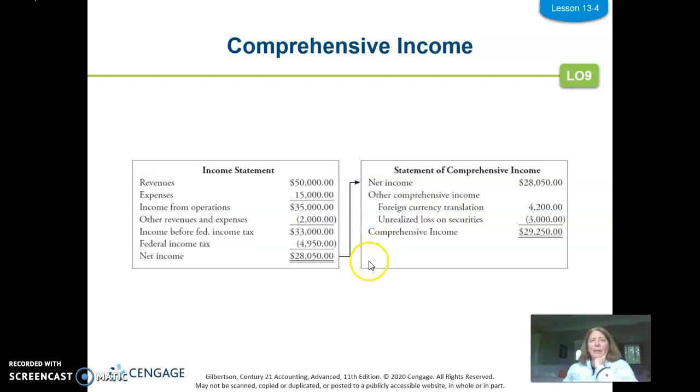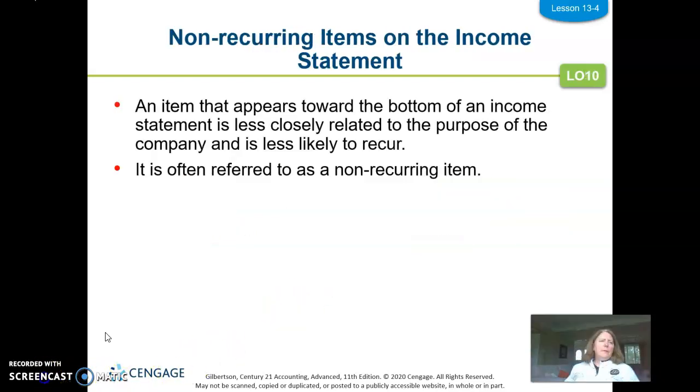So here is an example, and I would just be aware maybe of these 2 items, but don't have to understand how they came up with it. So there's our typical income statement: revenue, expenses, income from operations, tax, to get to net income. A statement of comprehensive income would then take that net income number to start and say other items that affect equity. So comprehensive income. So foreign currency translation and unrealized losses on securities.